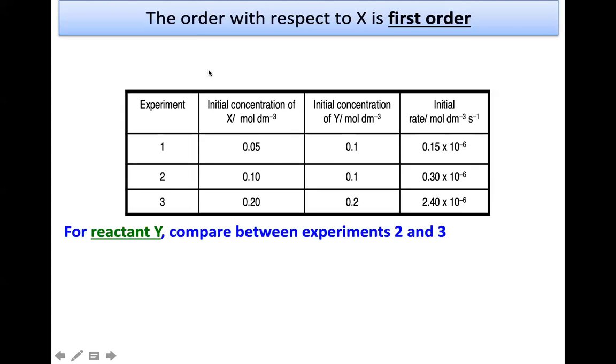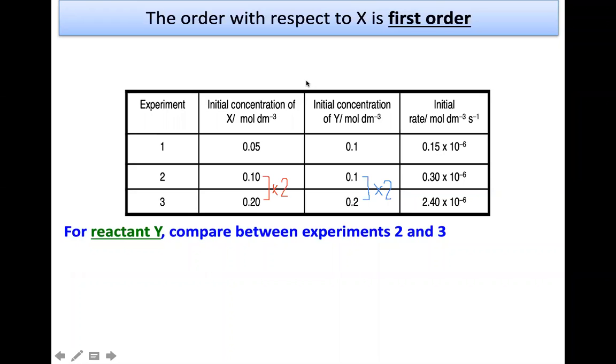So for Y, you go from 0.1 to 0.2, that is a factor of 2. We say it's doubled or it increases by 2. Now, don't forget that your X is also increasing by 2 from 0.1 to 0.2. You must take these two into account, right?